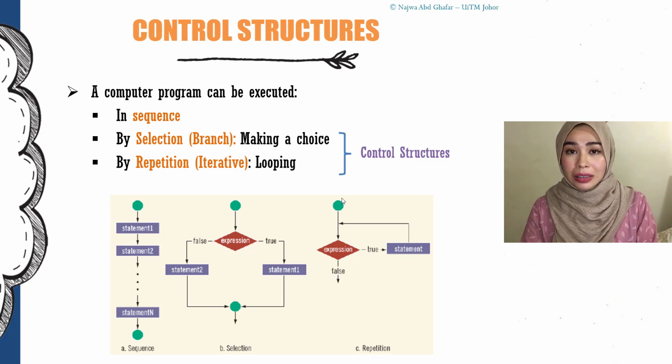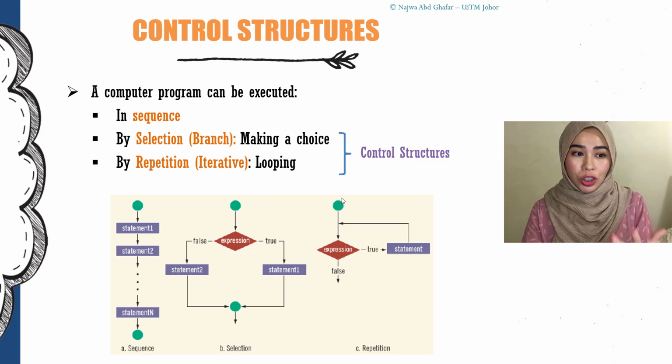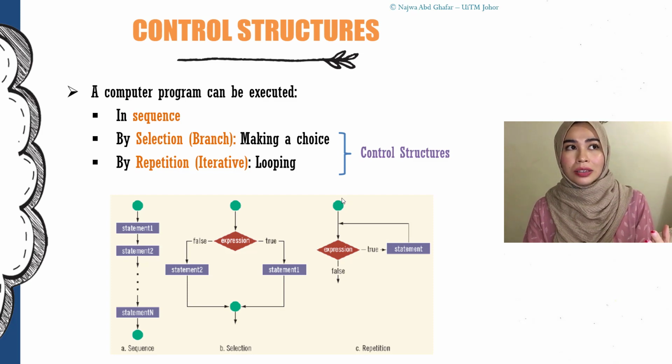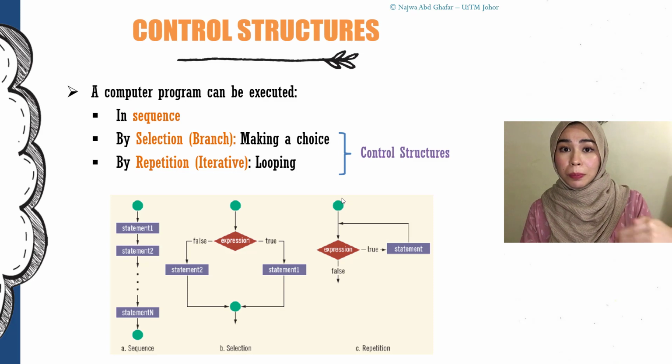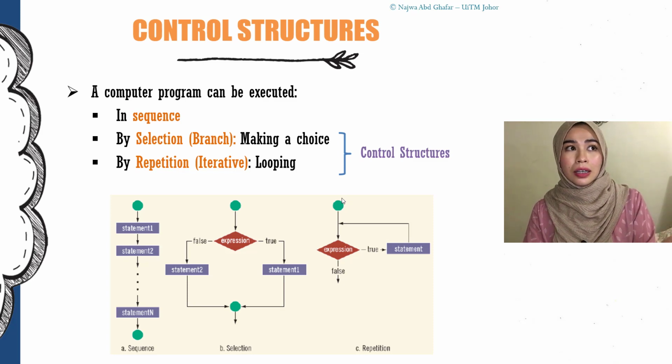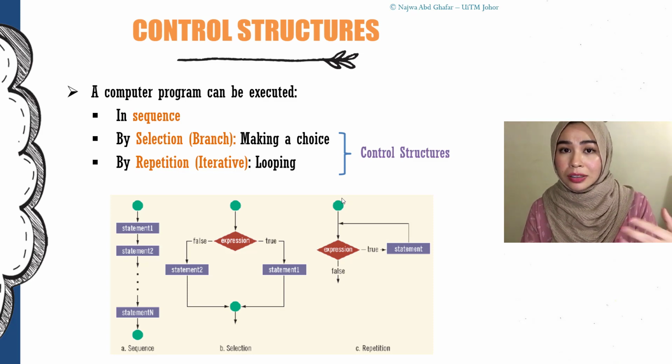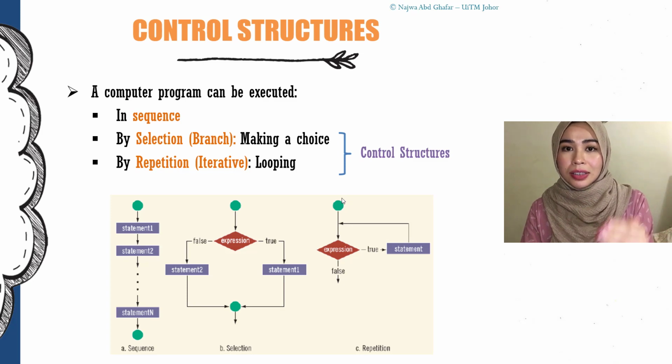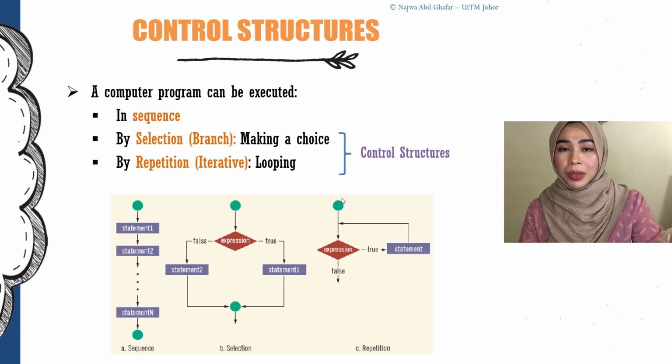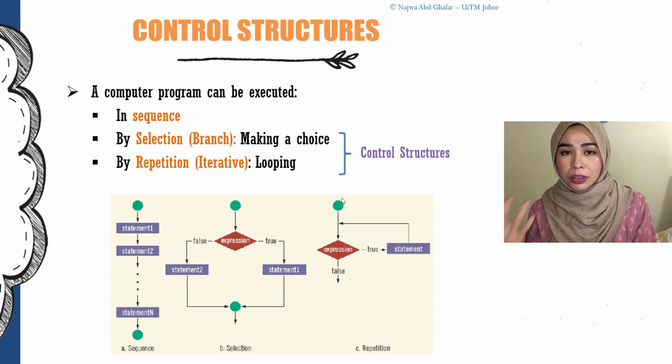But when it comes to repetition, since repetition means you want to repeat, you are also asking a question. Let's say you ask, do you want to continue inside the program? If the user enters yes, then the program will repeat the same thing over and over again until the user enters no. So that's the difference between selection and repetition.